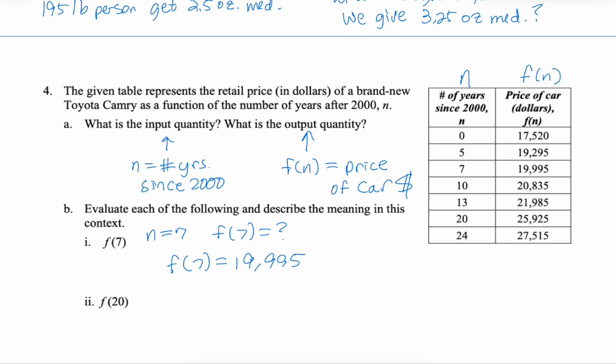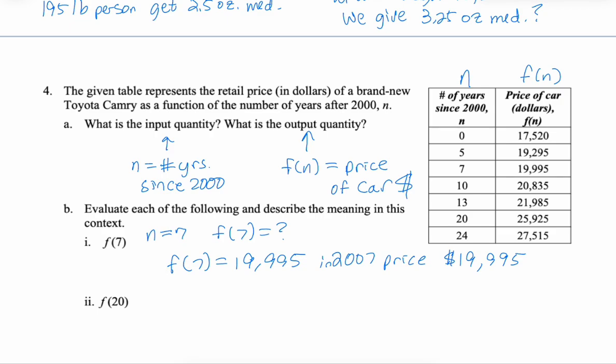So let's write that in words. So 7 years after 2000, so in 2007, the price of a Camry is $19,995. So in words, that's what that means. Now you could say 7 years after 2000, but we know what that means. That's 2007.